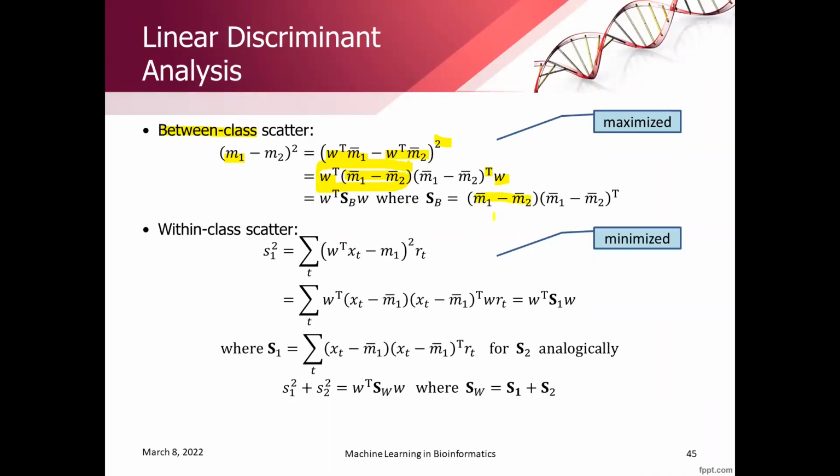M1 is a column vector, and when we compute M1 bar minus M2 bar transposed, we map it into a row vector. So column times row vector, the result is a matrix. So this is the between class scatter.